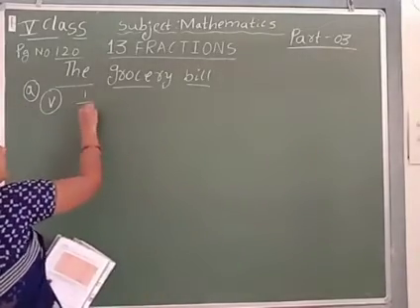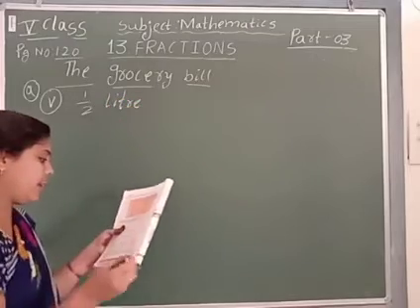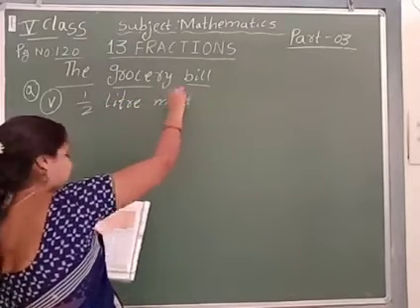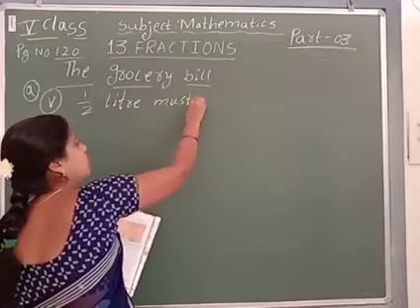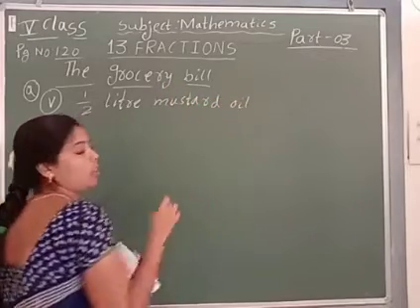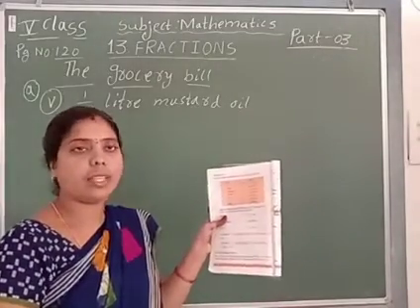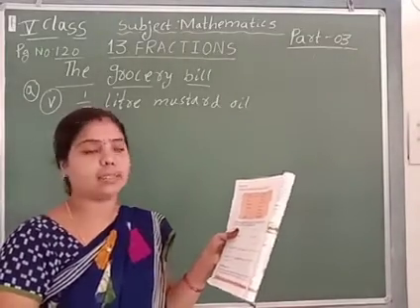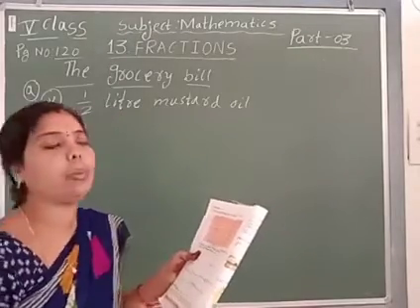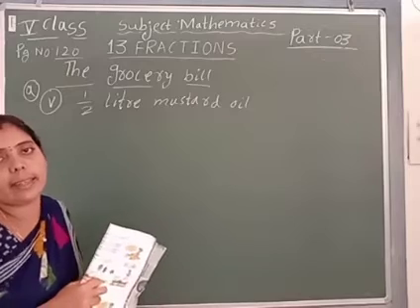Half liter mustard oil. How much does 1 liter of oil cost here? In the figure, the items and prices are given. Mustard oil costs 120 rupees per liter.